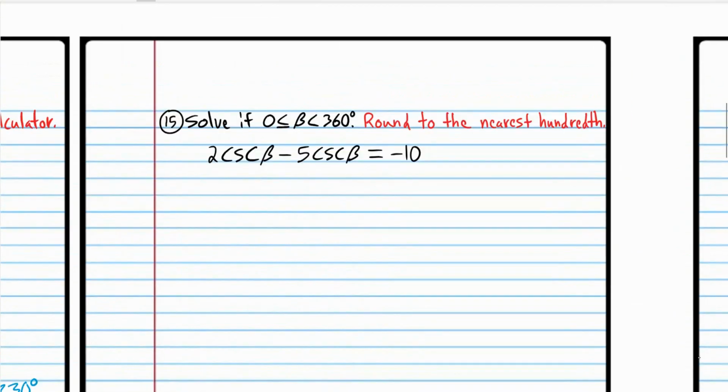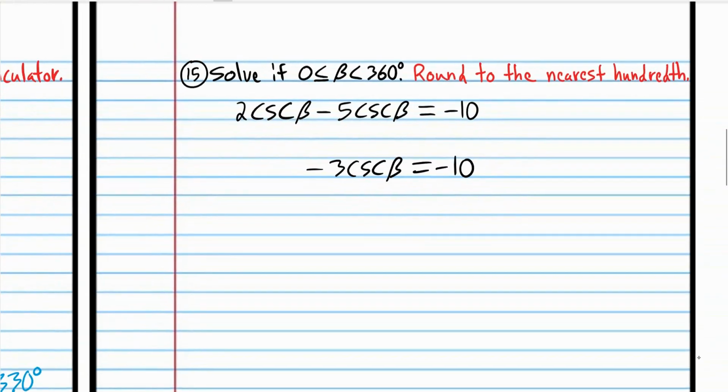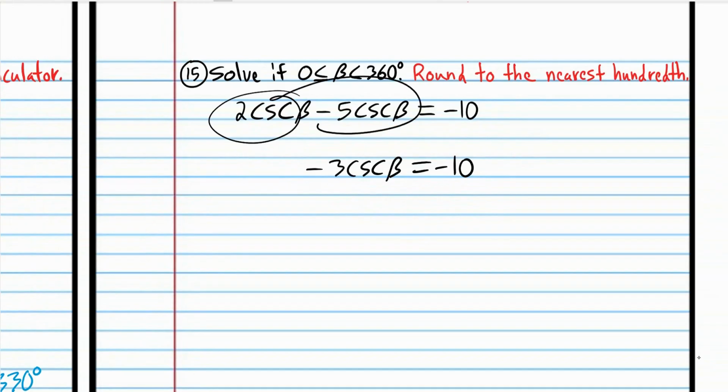Alright, we're back. So I'm going to simplify the equation. Two apples minus 5 apples is negative 3 apples, even though you can't really have a negative apple. Then we're going to divide both sides by negative 3.